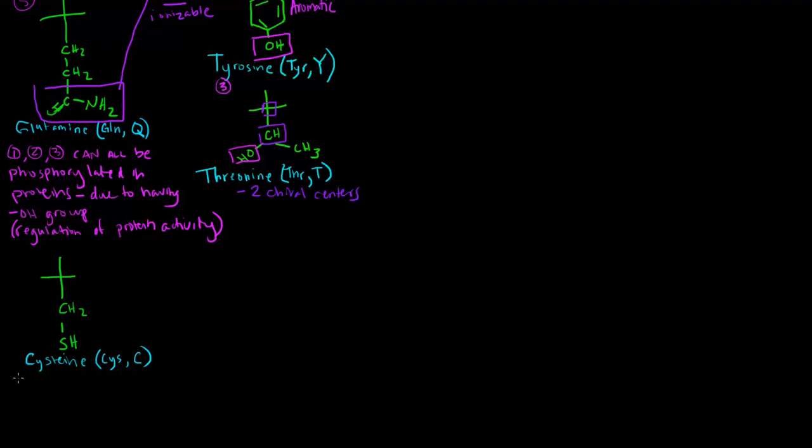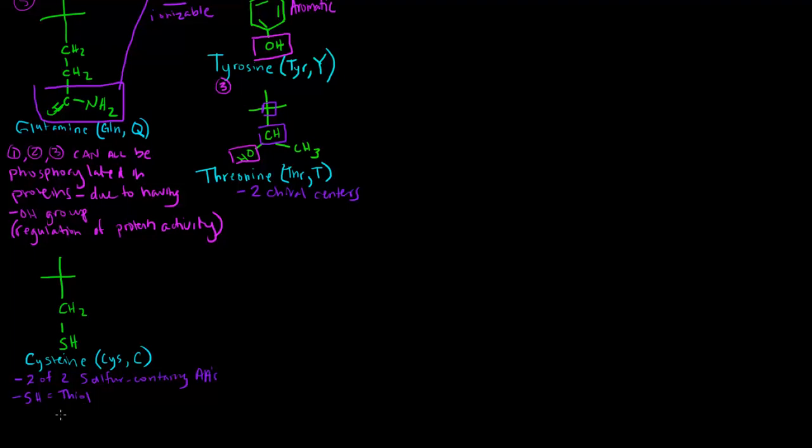Well, cysteine is the other one, right? So I guess I should write 2 of 2 sulfur-containing amino acids, right? And this SH group is called a thiol.